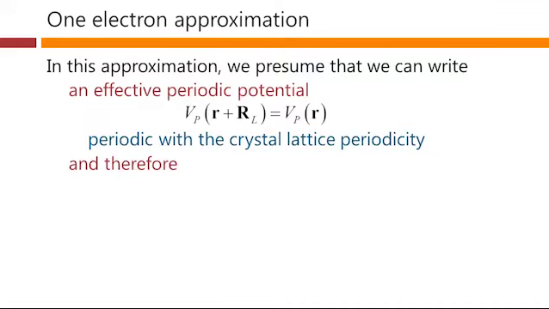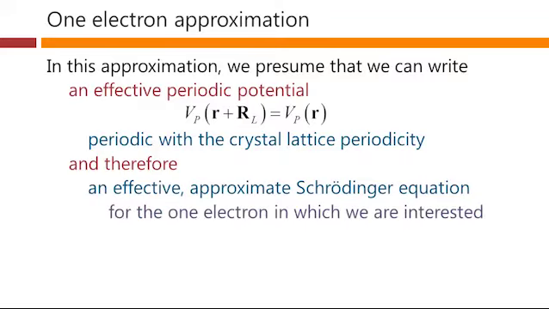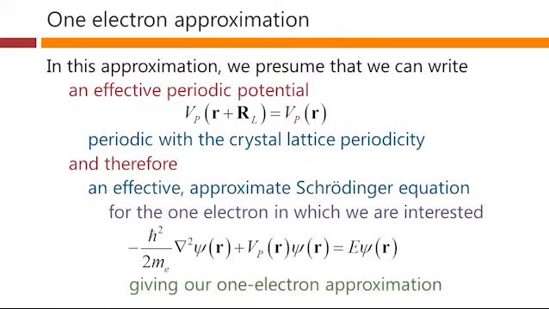And therefore, we have an effective approximate Schrödinger equation, which is for the one electron in which we are interested. So that's this equation here, a Schrödinger equation with this presumed periodic potential in it. And this is our one electron approximation.